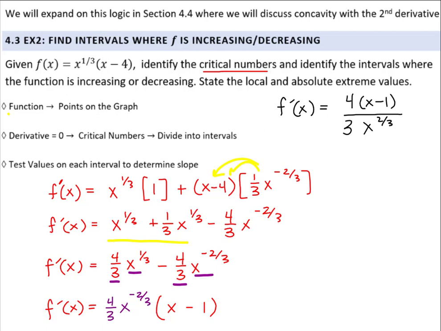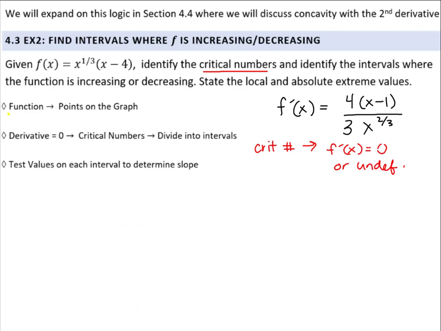So now what we're going to do is we're going to find the critical numbers. And the critical numbers, of course, occur where the derivative is equal to 0 or the derivative is undefined. If we set the derivative equal to 0, we would just be looking at the numerator equal to 0.